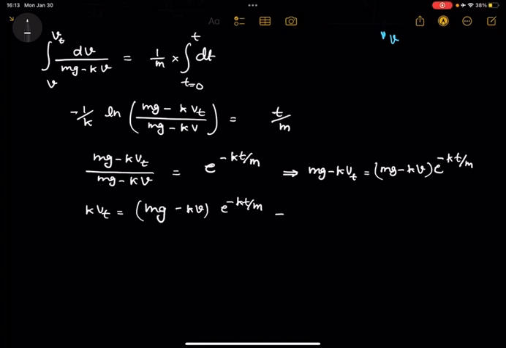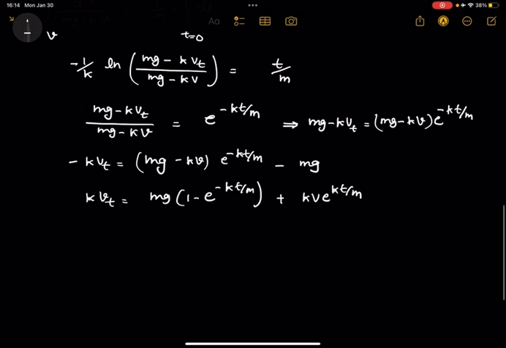Writing it properly, k vt is equal to mg into 1 minus e to the power minus kt by m, plus k v into e to the power minus kt by m. The expression is lengthy, but once you get it, you will solve this question with a very easy method.